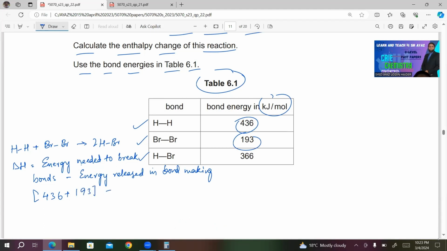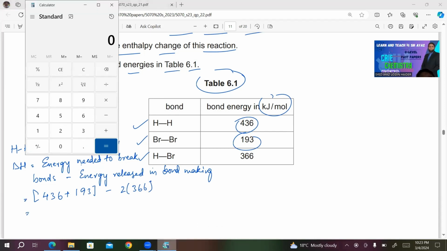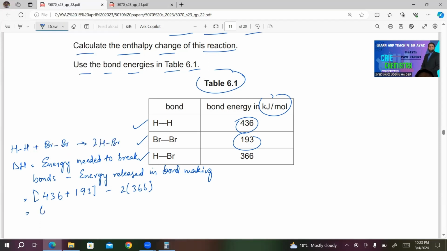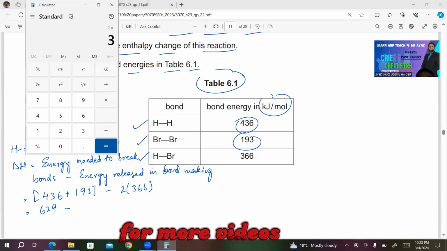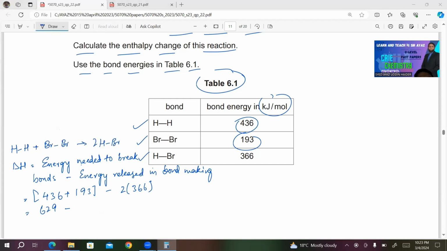It means we need to multiply 2 by 366. So we will get 436 plus 193, 629, minus 2 multiplied by 366, 732.